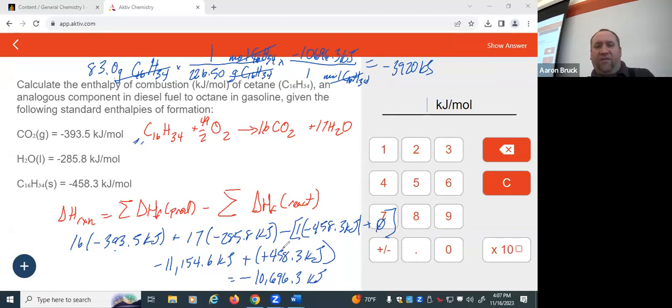So if I gave you this problem and said the heat of reaction is negative 10,696.3 kilojoules, you could just take it from that spot as well and go straight into the calculation stage.